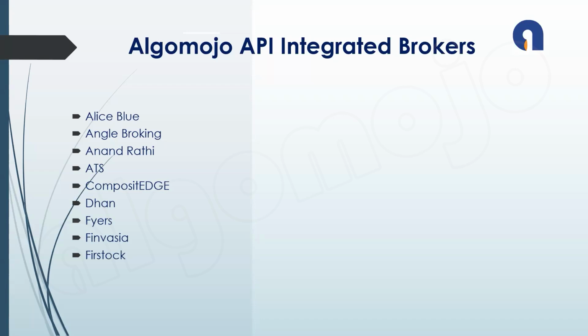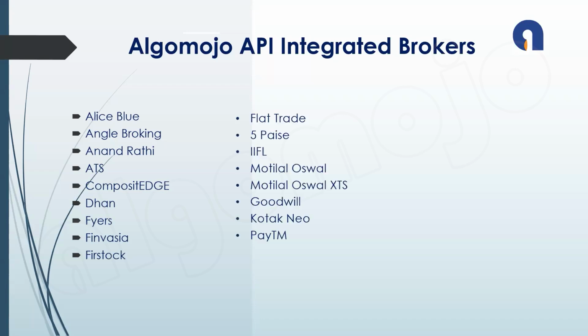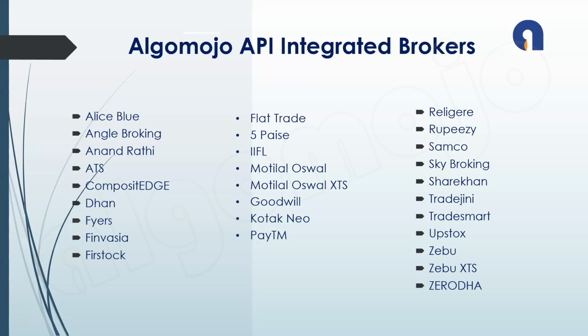We have currently integrated with close to 27, 28 brokers. Most of the large, popular brokers are integrated for API order executions from Algomojo. This includes brokers like Angel Broking, Dhan, Fyers, Motilal, Paytm and Zerodha.